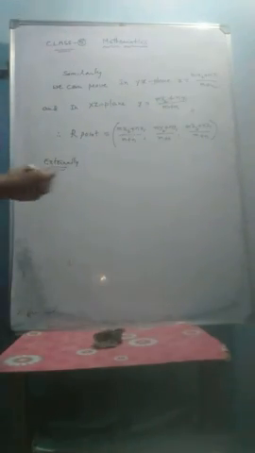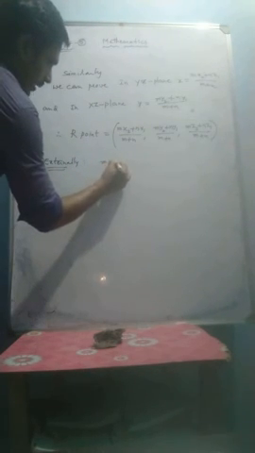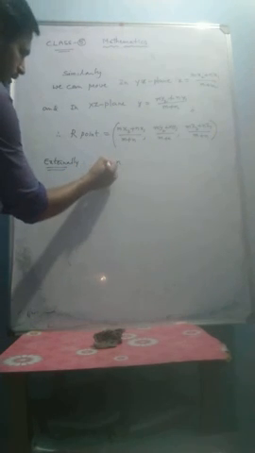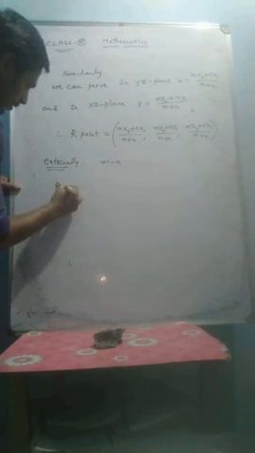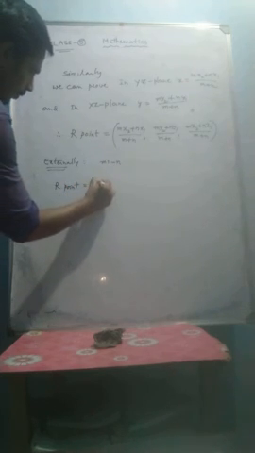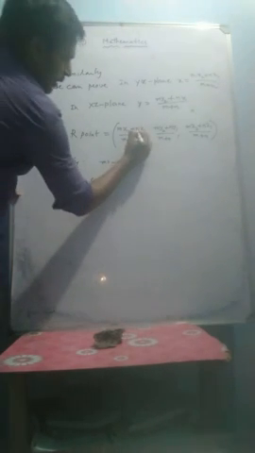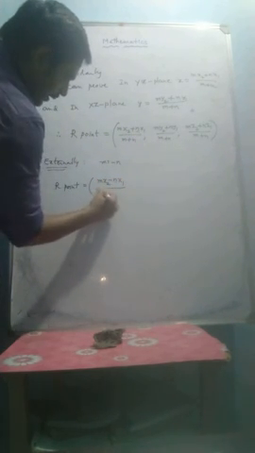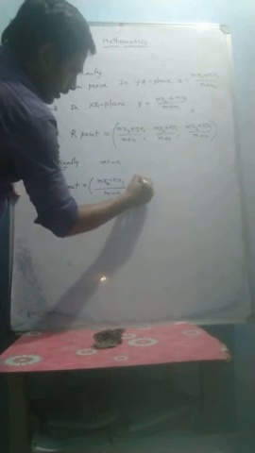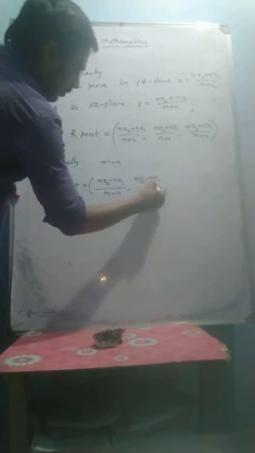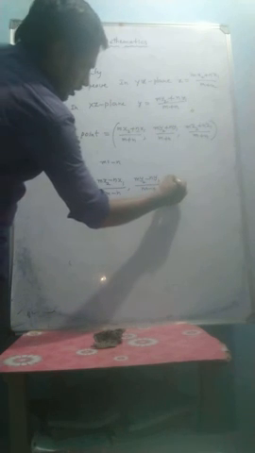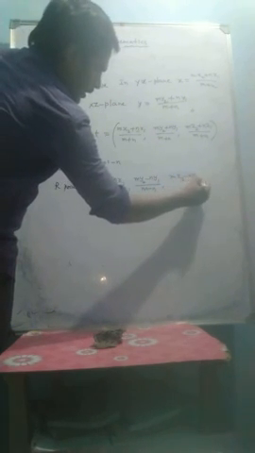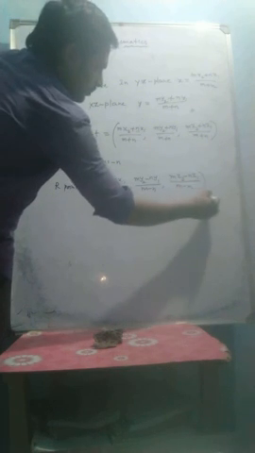Now in this external case, you can take M is to minus N, where N is there, you can write minus N. That means our point is MX2 minus NX1 by M minus N, comma MY2 minus NY1 by M minus N, comma MZ2 minus NZ1 by M minus N.